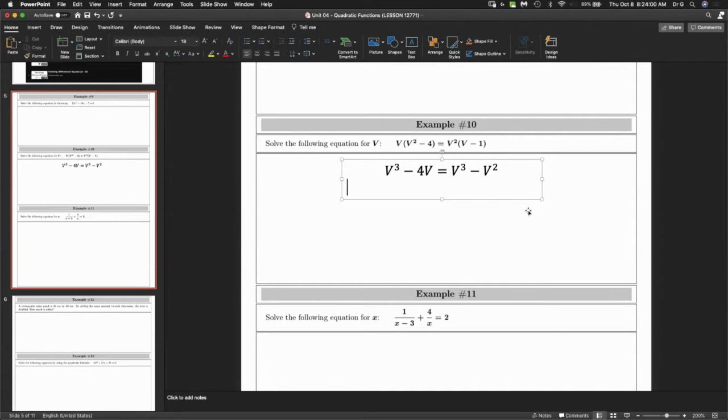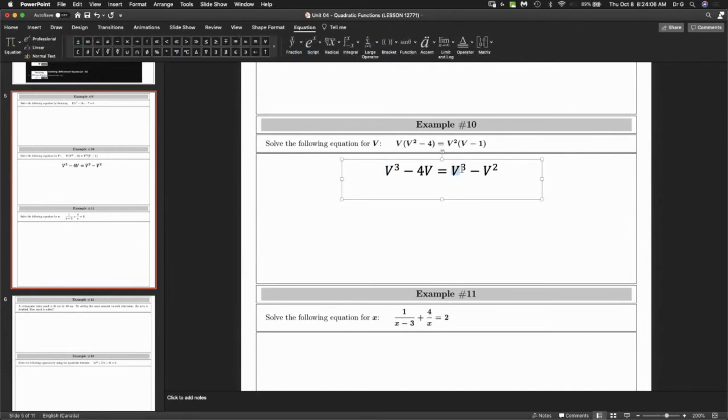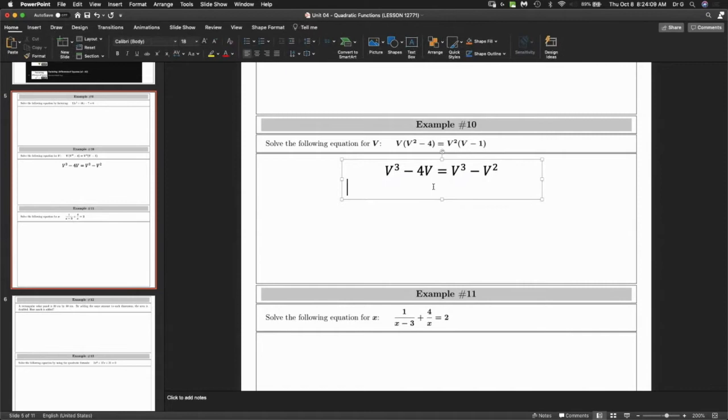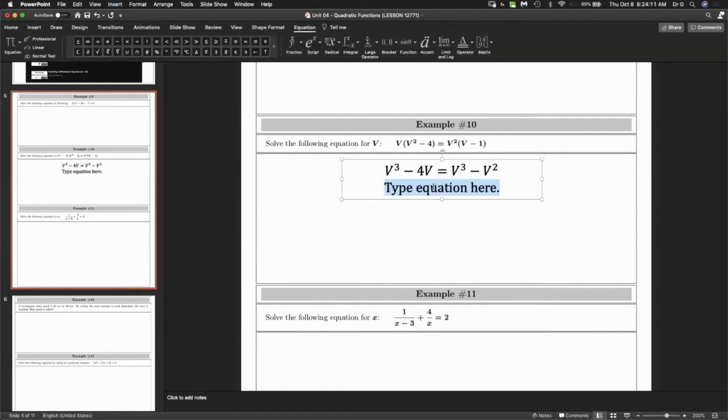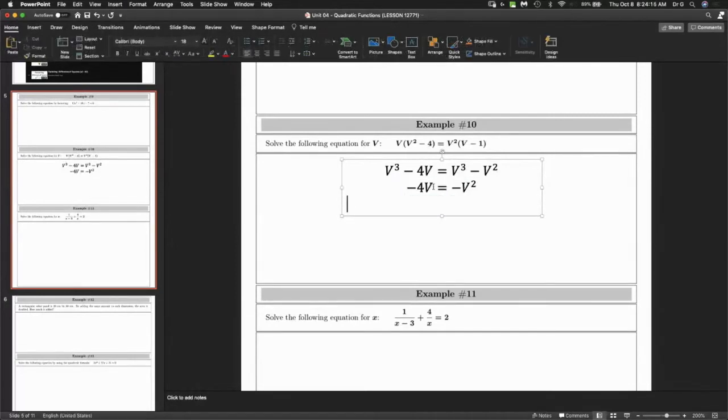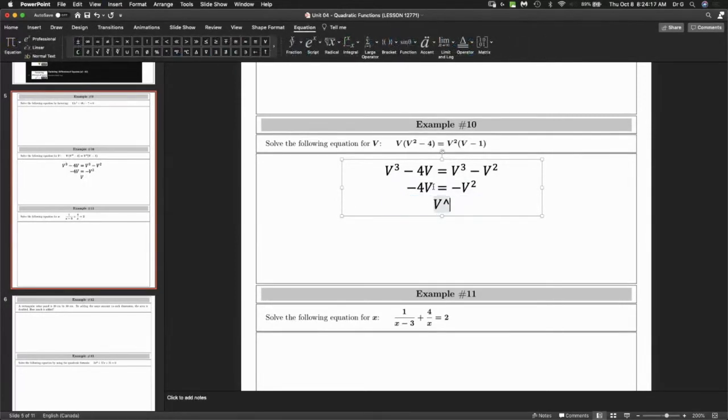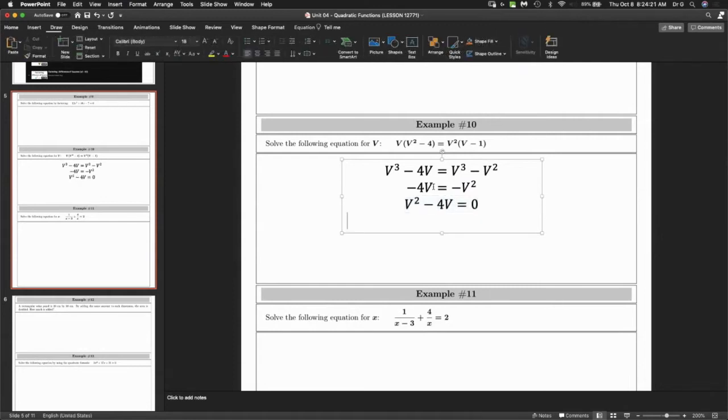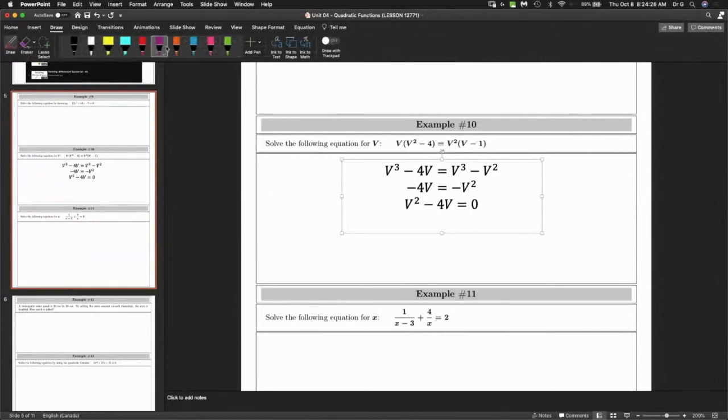Anyway, in this question here, the first step, although it's cubic, if you expand it out, notice that the cubic terms disappear because they both appear on each side. So we end up with negative 4v equals negative v squared. And now it's a matter of just doing some housekeeping. The mistake that people make here, it's not a mistake, but it's sloppy.